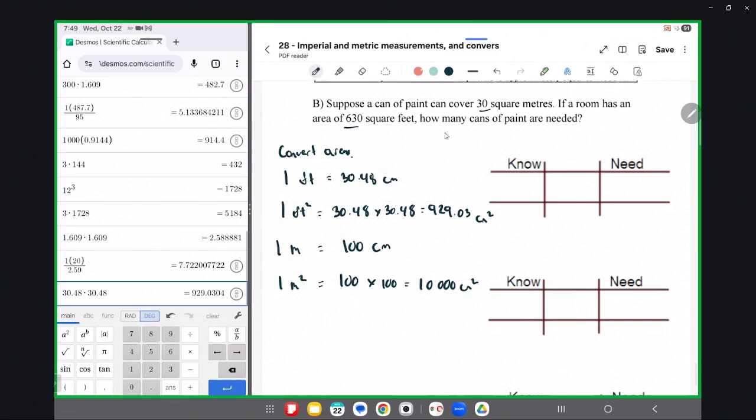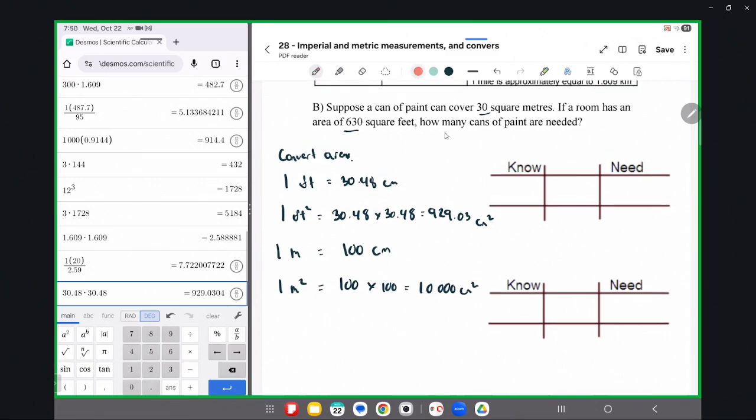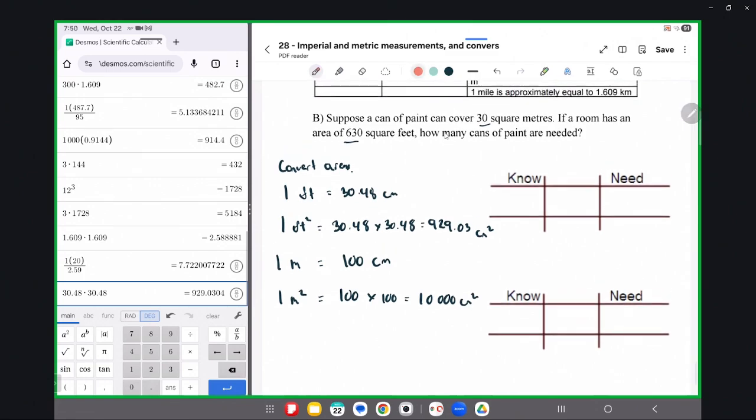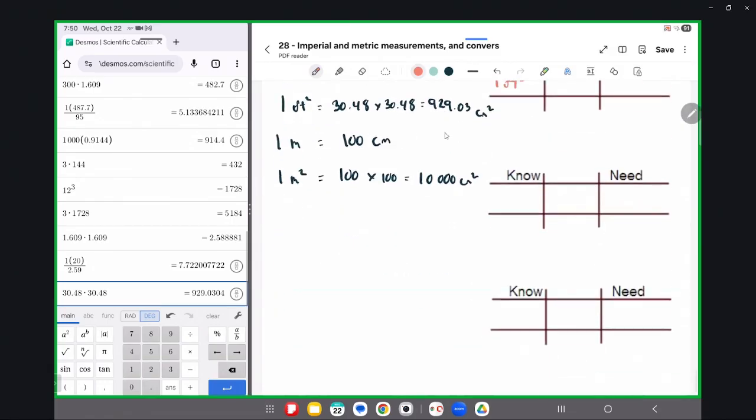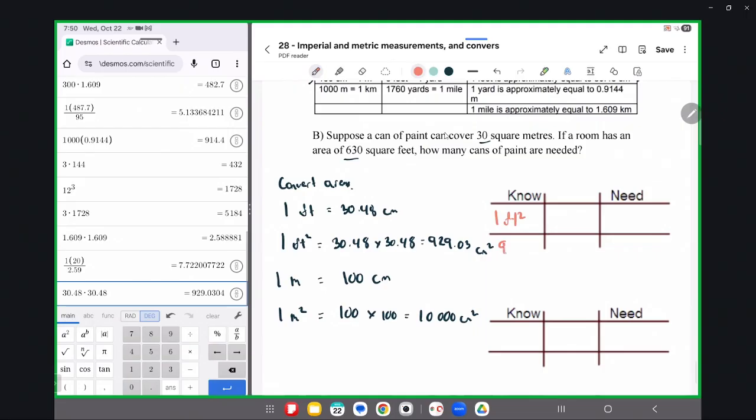So for the first one here, we're trying to convert 630 square feet over to square centimeters. And so we know that 1 square foot is equal to 929.03 square centimeters.